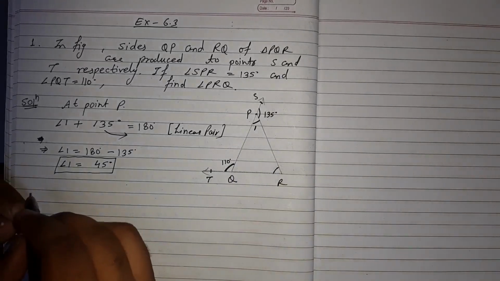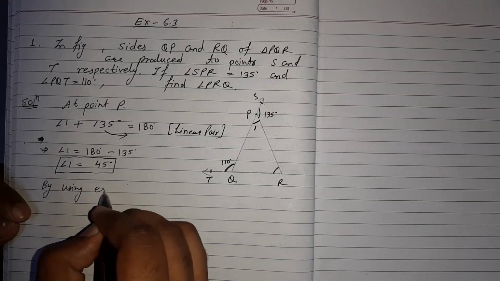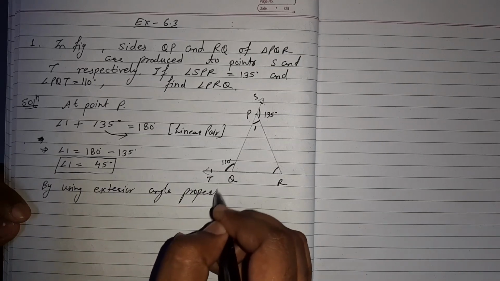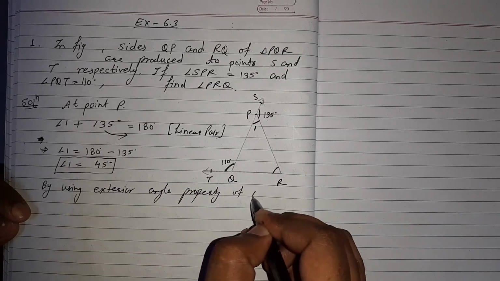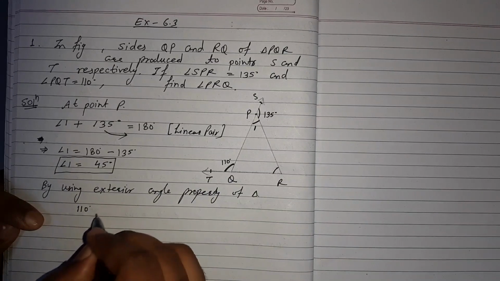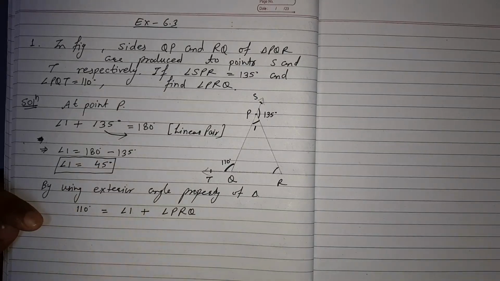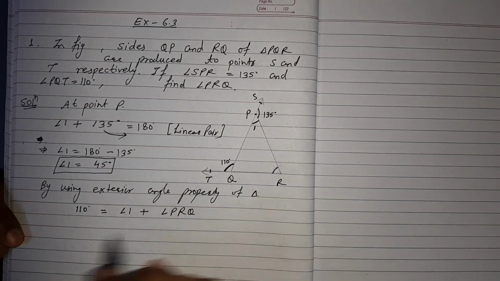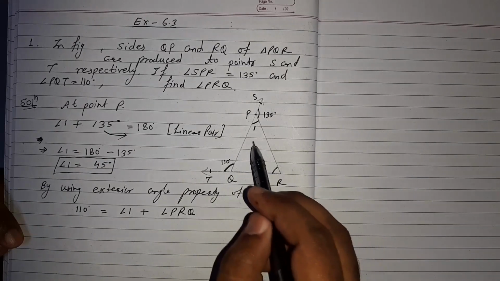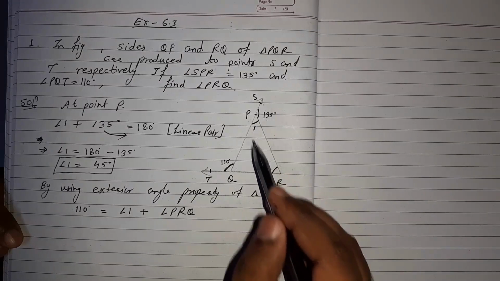So by using the exterior angle property of a triangle, angle 110 degrees is equal to angle 1 plus angle PRQ. The opposite interior angles are angle 1 and angle PRQ.